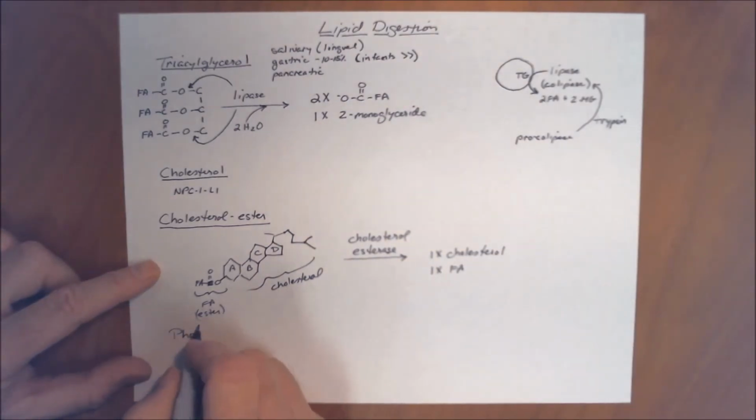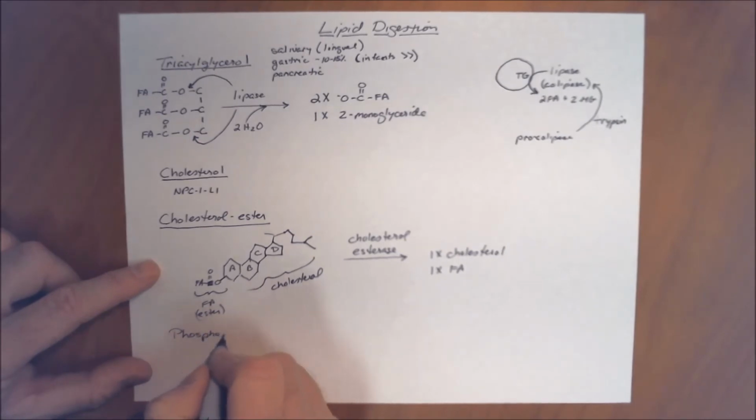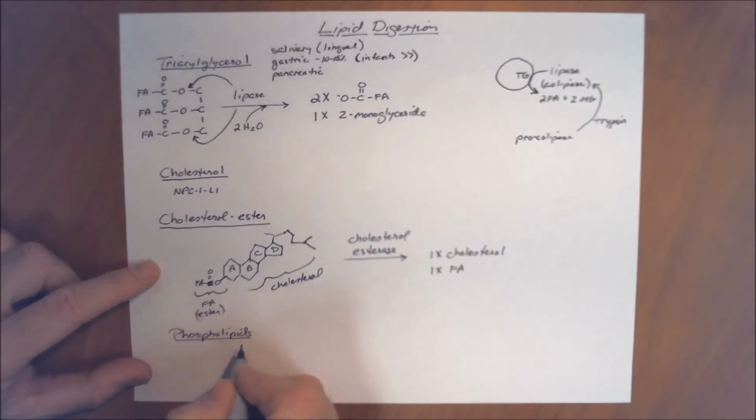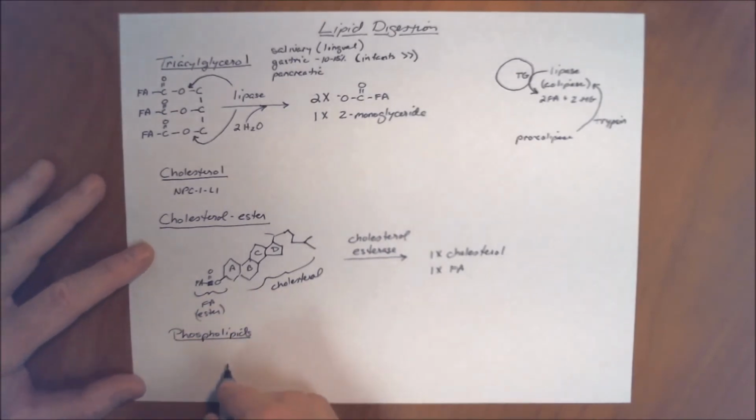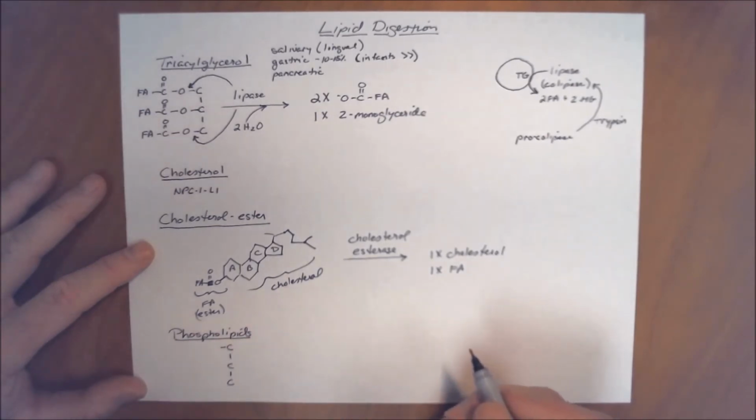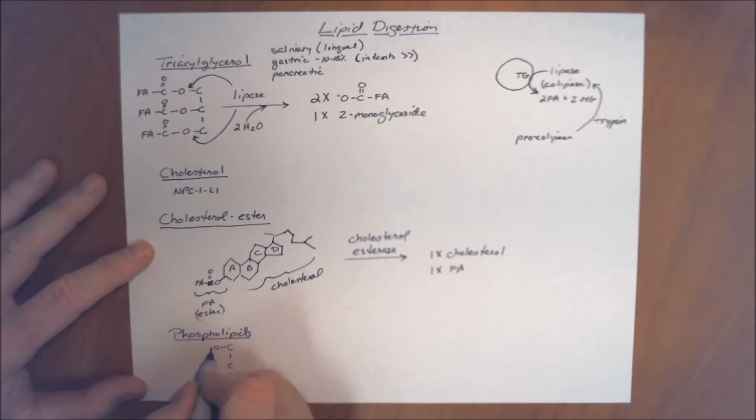The final dietary lipid that we have are phospholipids. And phospholipids, recall, are a 3 carbon glycerol backbone with our fatty acids on 2 of the carbons.